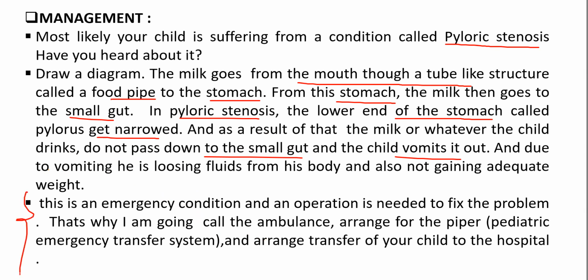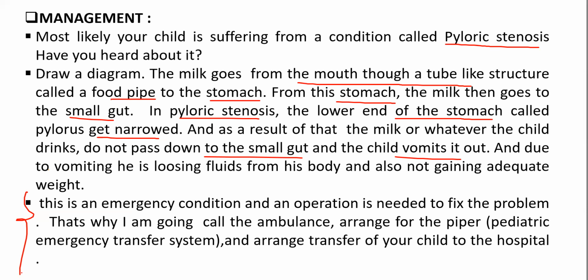Now, in here, there is a lot to understand because you are not working in Australia at the moment. This will become very confusing to you. So this is a GP setting. From a GP setting, a child who has pyloric stenosis may be severely dehydrated and malnourished.